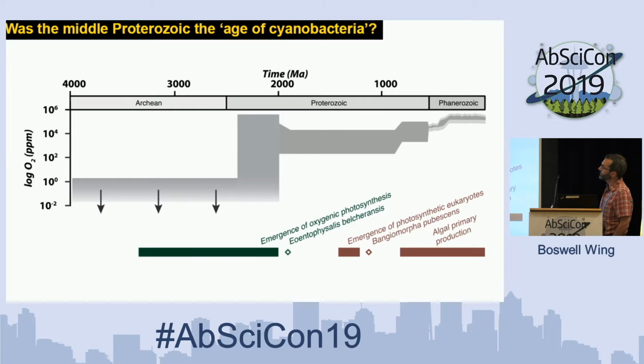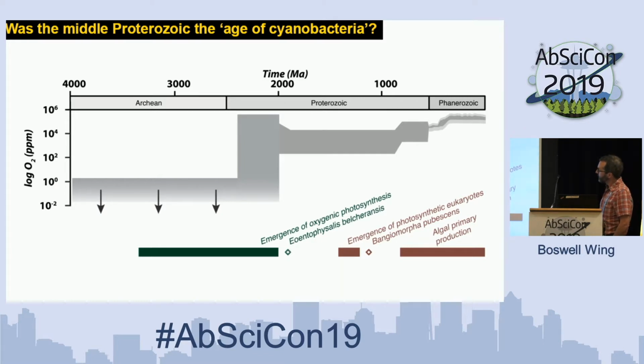What I'm showing here is a diagram that has a bunch of different compilations of oxygen levels from today back to the early Archean. And shown here is, of course, the great oxygenation interval, but also shown down here in green are some indications both from geochemistry and also from microfossils of cyanobacterial oxygenic photosynthesis.